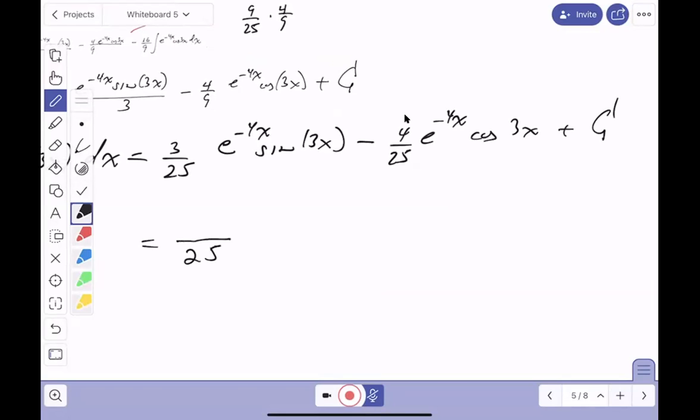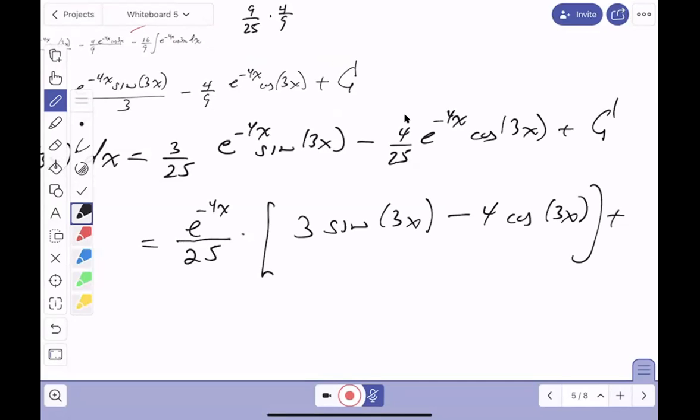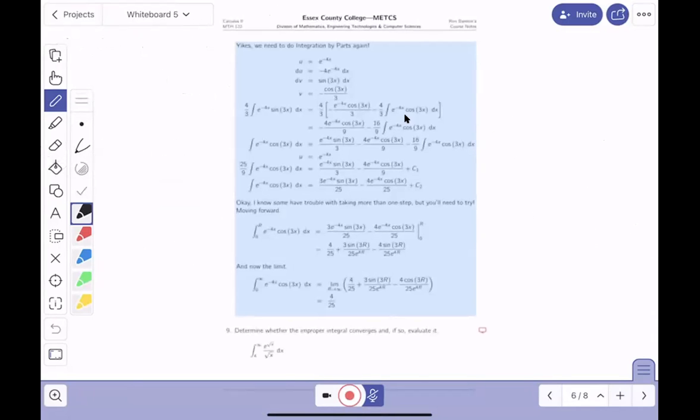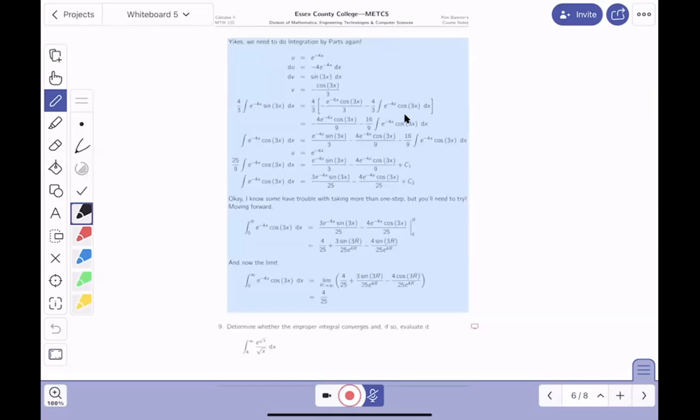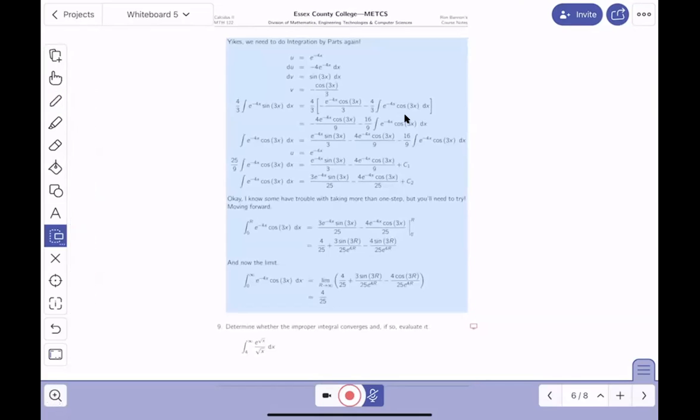And I'm going to factor out e to the minus 4x on top. And what do you get? You get 3 sine 3x minus 4 cosine 3x plus c. I wonder if I'm right. I need the next page. And I want to see if I got that. And I can't remember half the things I do in life.